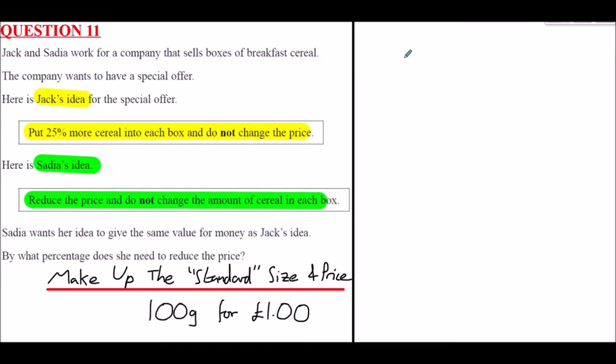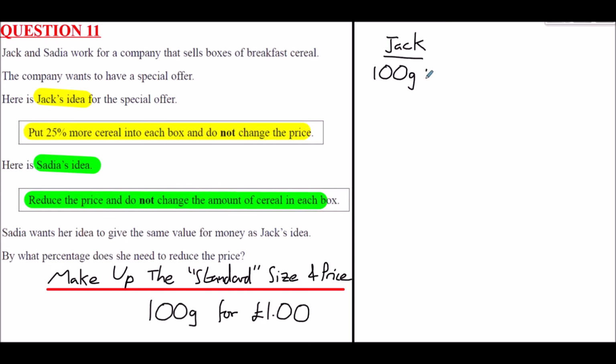So Jack's idea, how would that affect this standard? Well, he wants to put 25% more cereal into the box and not change the price. So these numbers are fairly easy to work with. 25% more cereal is going to be 25 grams.